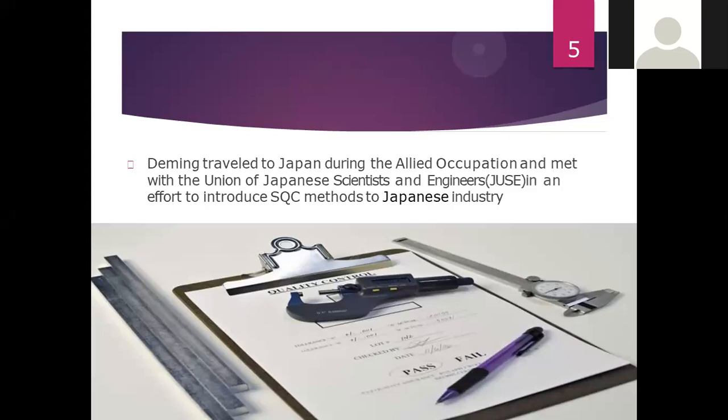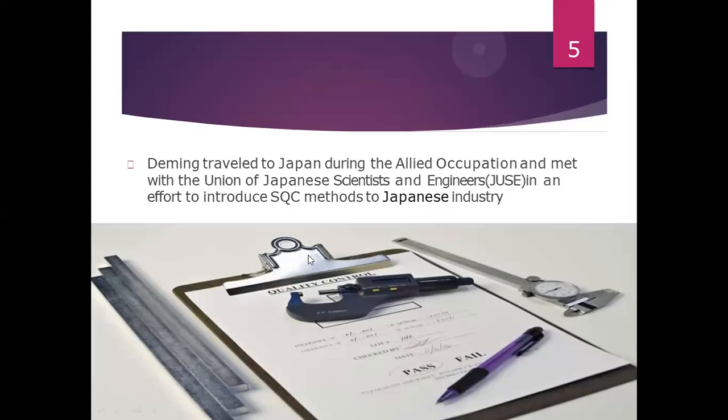Deming, who had the concept from Shewhart, knew everything about statistical quality control. So Deming went to Japan and introduced this concept, especially to Toyota and several other companies.